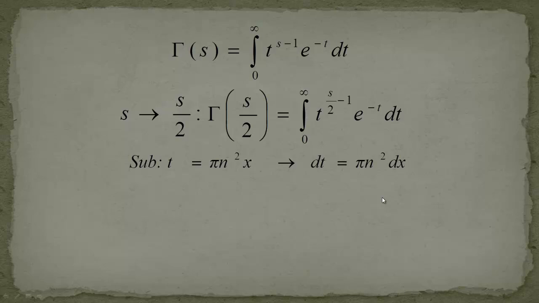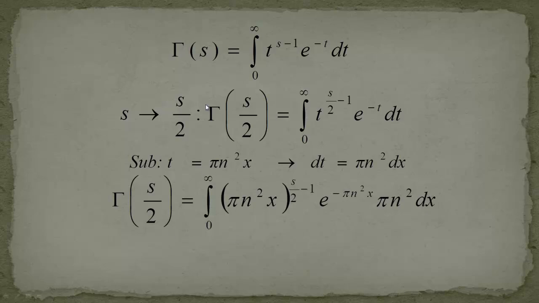So let's replace all this stuff that we need. The left hand side didn't change because it was not depending on t. The right hand side, the integral, depended on t. So we replace this t by pi n squared x, and we replace this t in the exponential with pi n squared x. Remember that we also have to replace dt by this differential expression, pi n squared dx.